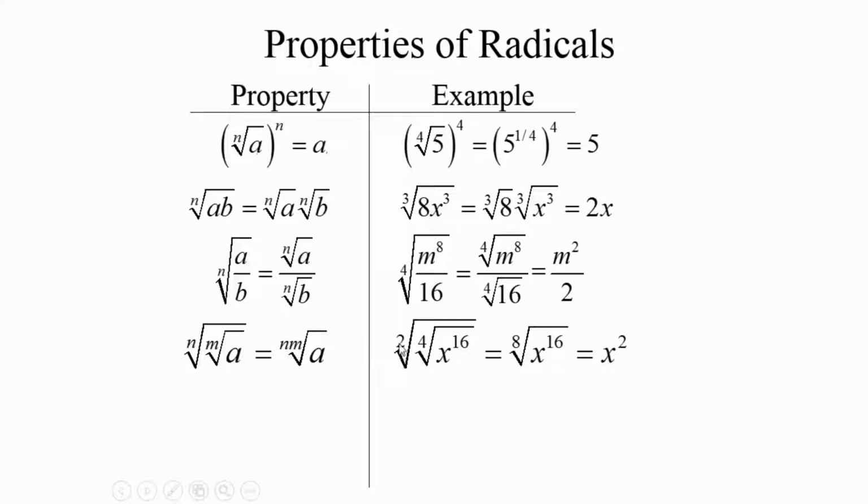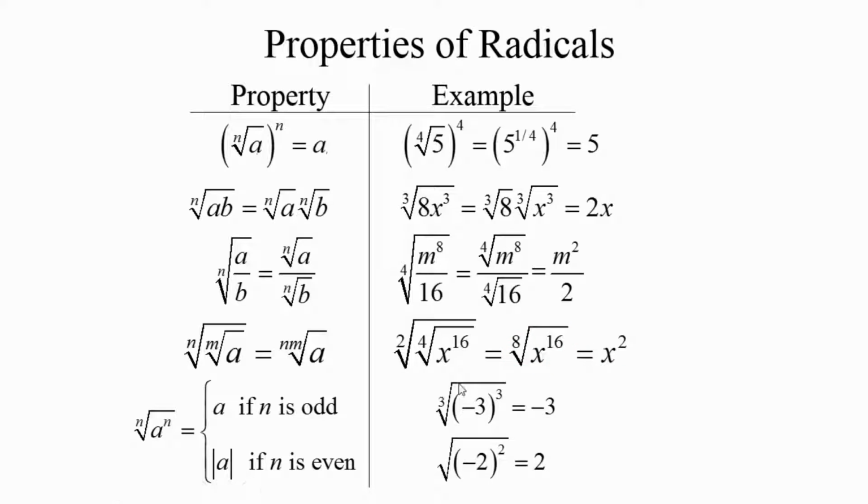So for example, the second root of the fourth root of h to the 16, you combine these two and multiply the index. 2 times 4 is 8. So under one index of 8 and h to the 16. And of course, one more time, this one here would be equal to h to the 16 to the 1/8 power. And 16 times 1/8 is 2.